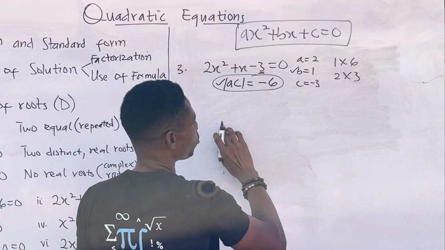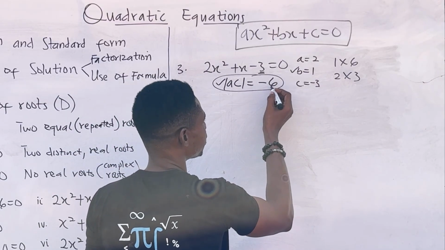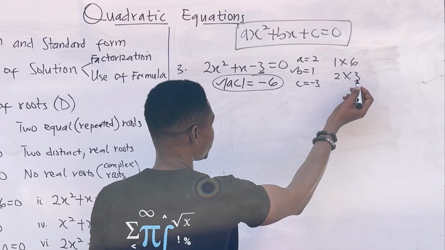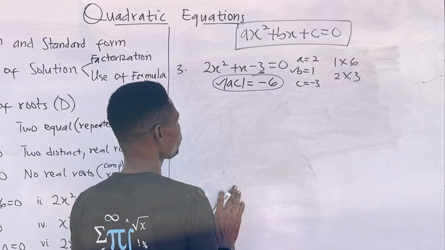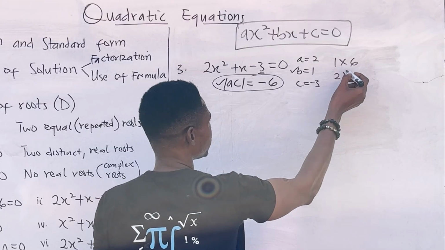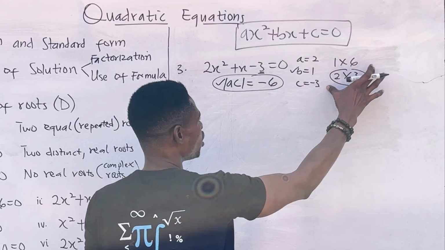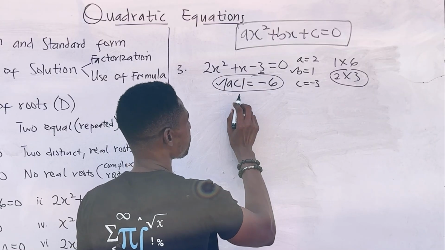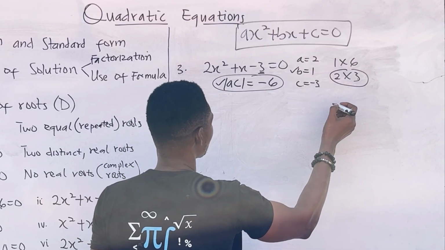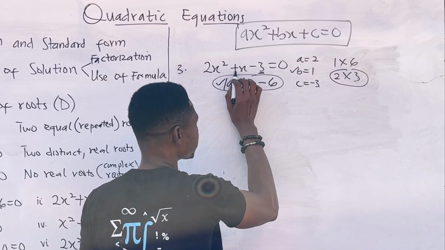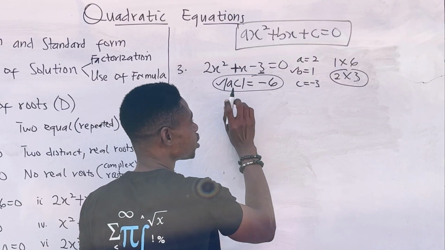Okay, so the factors of 6 are 1 and 6, 2 and 3. Now, if you look at this, 3 minus 2 can give us this 1 here. But now how does it play out? We need a positive 1, right? Our B is positive 1.